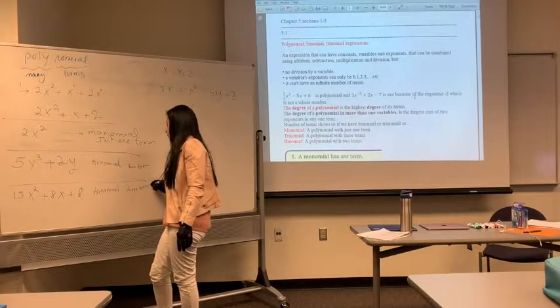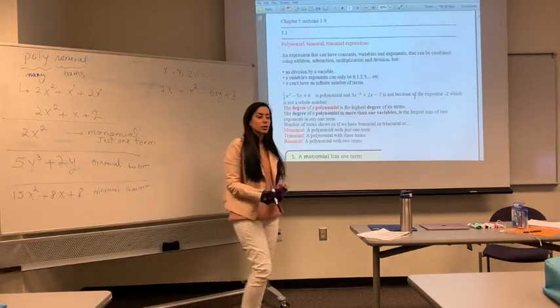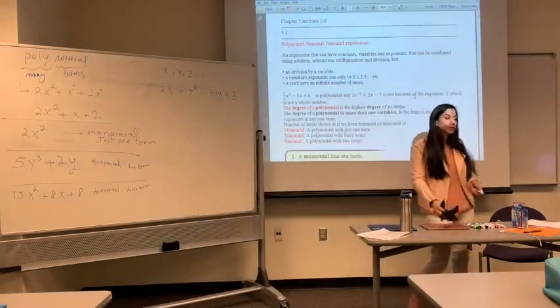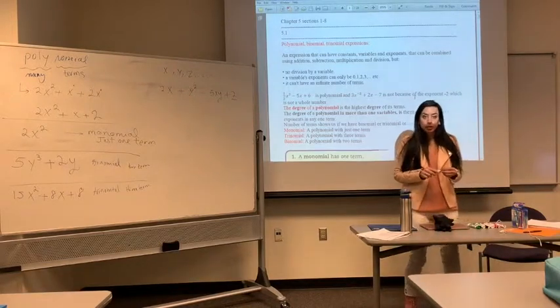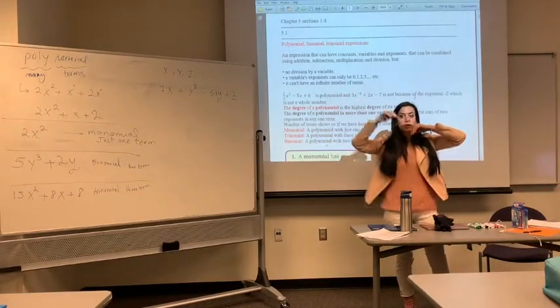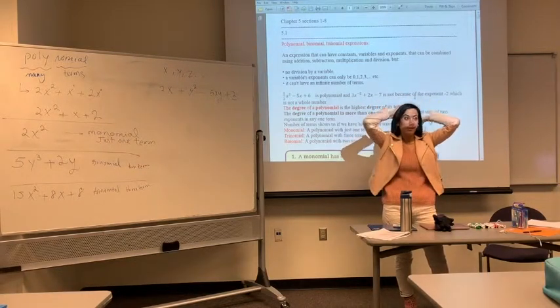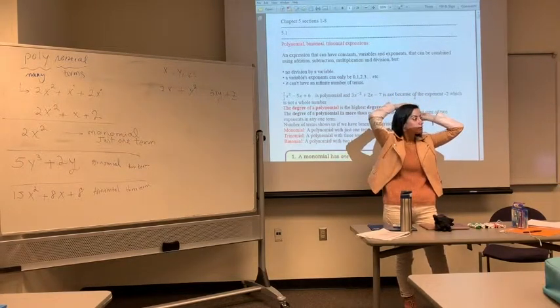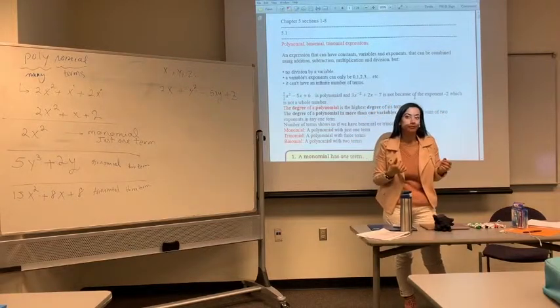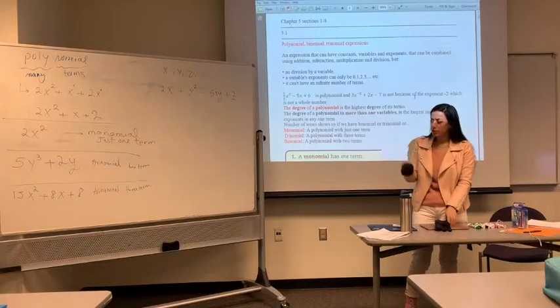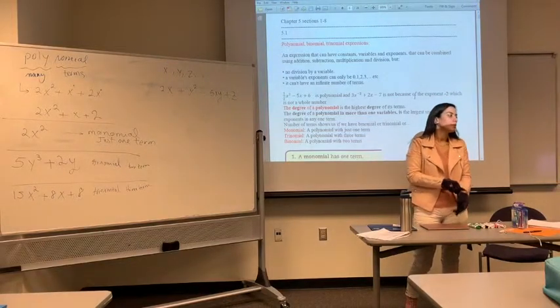If I ask you what is the type of polynomial, you should see how many terms you have. If it is just one term, you call that monomial. If there are two terms, you call that binomial. If you have three terms, you call that trinomial. The rest, generally you can just call them polynomial.